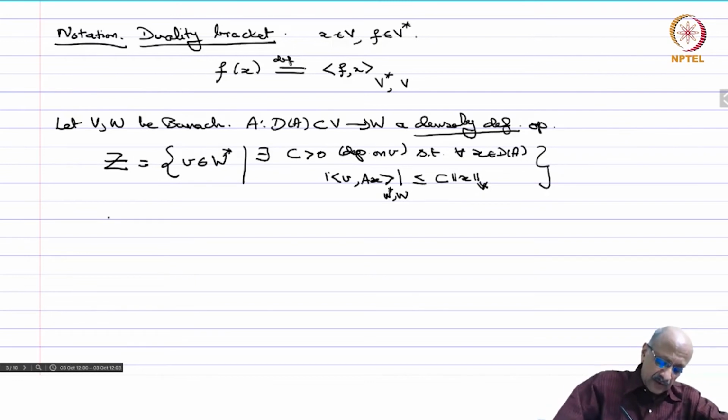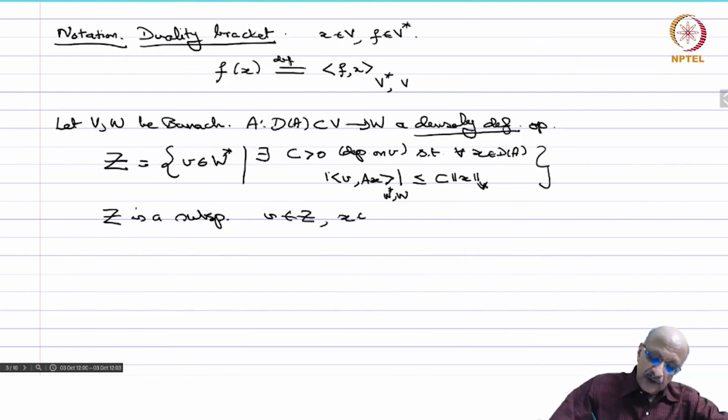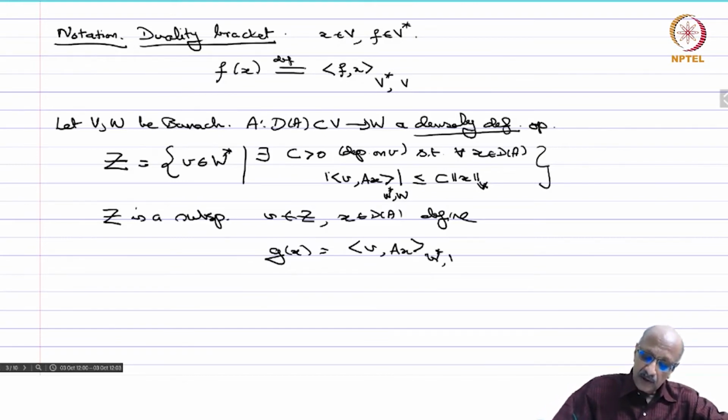Then Z is a subspace, that you can easily check. Okay, so if v belongs to Z and x belongs to D(A), define g of x as v evaluated at Ax, again this is W star, W. Then mod g(x) is less than or equal to C times norm x.